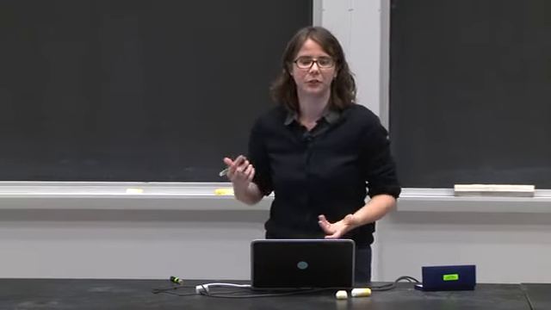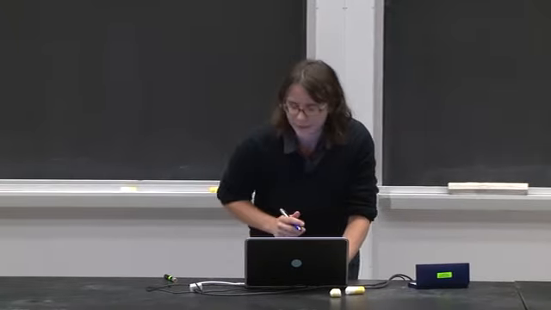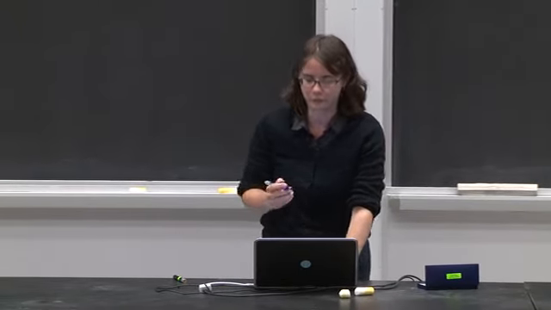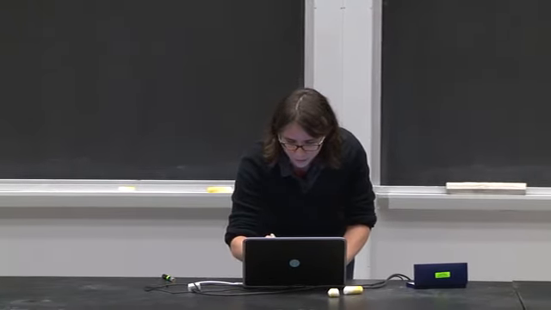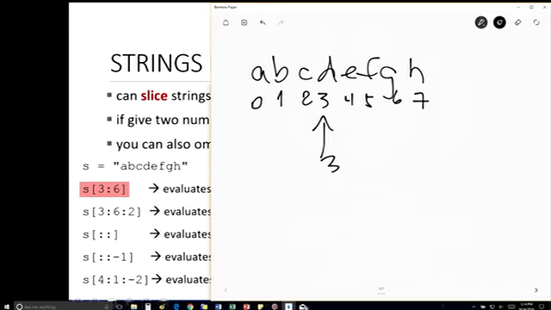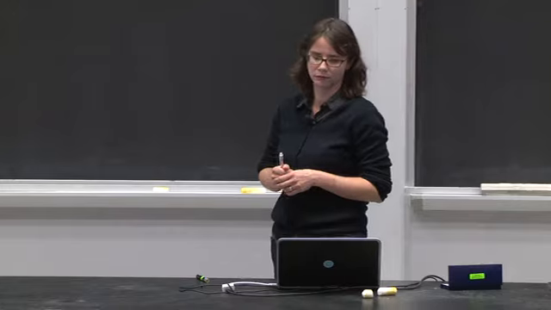And you just count. So s, starting from 3 and going till 6, is going to start here at 3, so it's going to come up with D, and then we're going to take E, and then we're going to take F. And since we're going until stop minus 1, we're not going to take G, because this is position 6, and we're going until 6 minus 1.